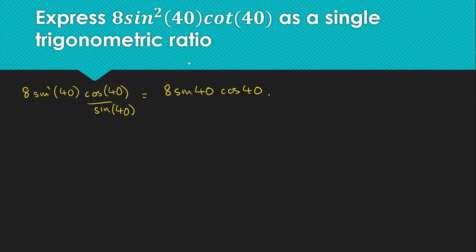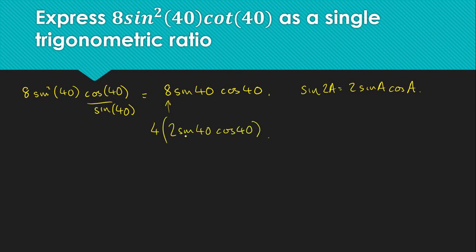Now, sine of 2a is equal to 2 sine a cos a. But that's not what this looks like just yet. This has got an 8 here, and this has got a 2. So I'm going to turn it into 4 lots of 2 sine 40 cos 40.